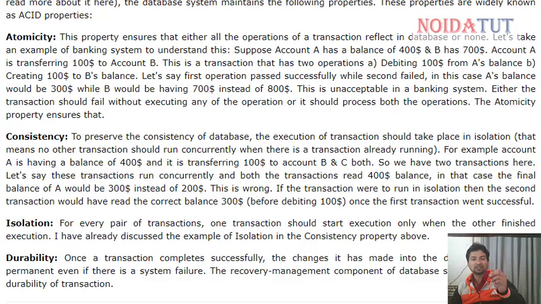Now in that case, final balance of A would be $300 instead of $200. This is wrong. Now, if the transactions were to run in isolation, then the second transaction would have read the correct balance, 300, before debiting $100 once the first transaction went successful.